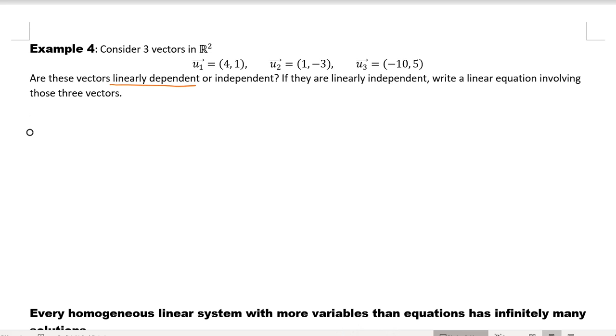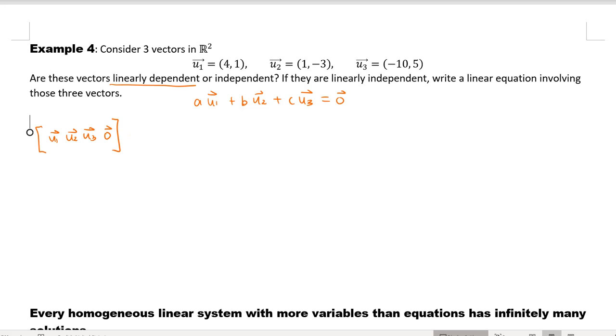What we want to do is write a linear equation involving these 3 vectors. We set up the equation A U1 plus B U2 plus C U3 equals 0, and we want to find out what A, B, C are. It corresponds to the augmented coefficient matrix with U1, U2, U3, and the 0 vector.